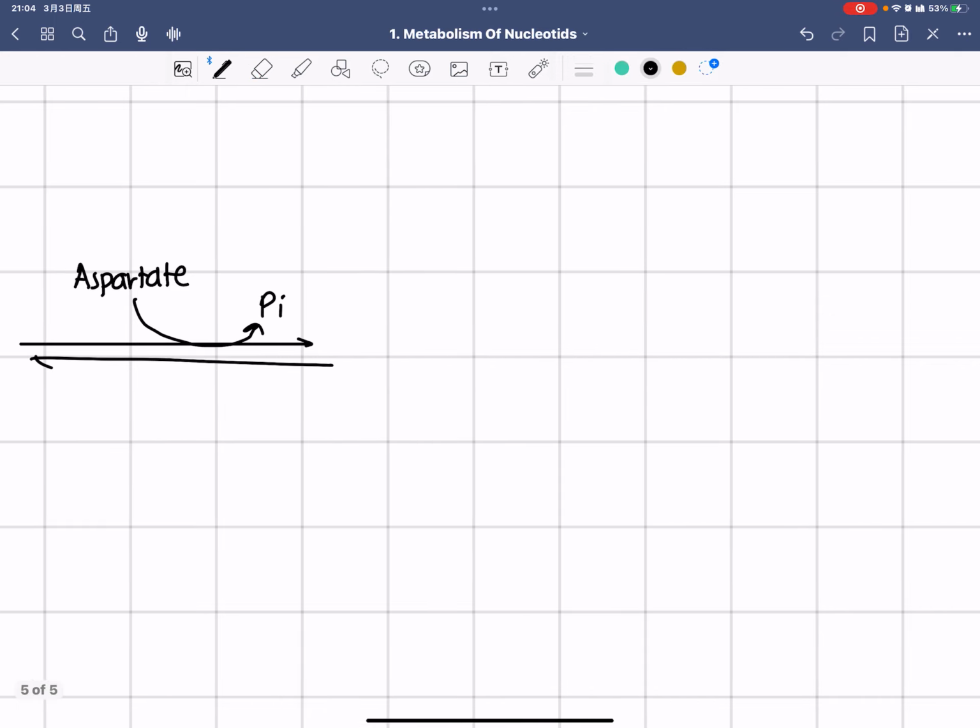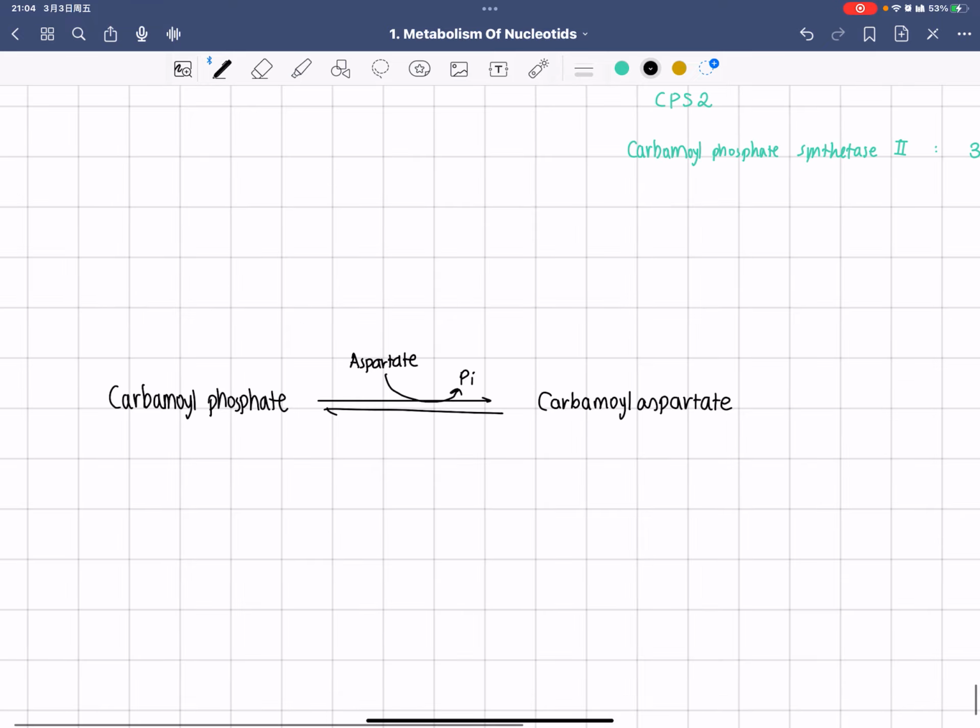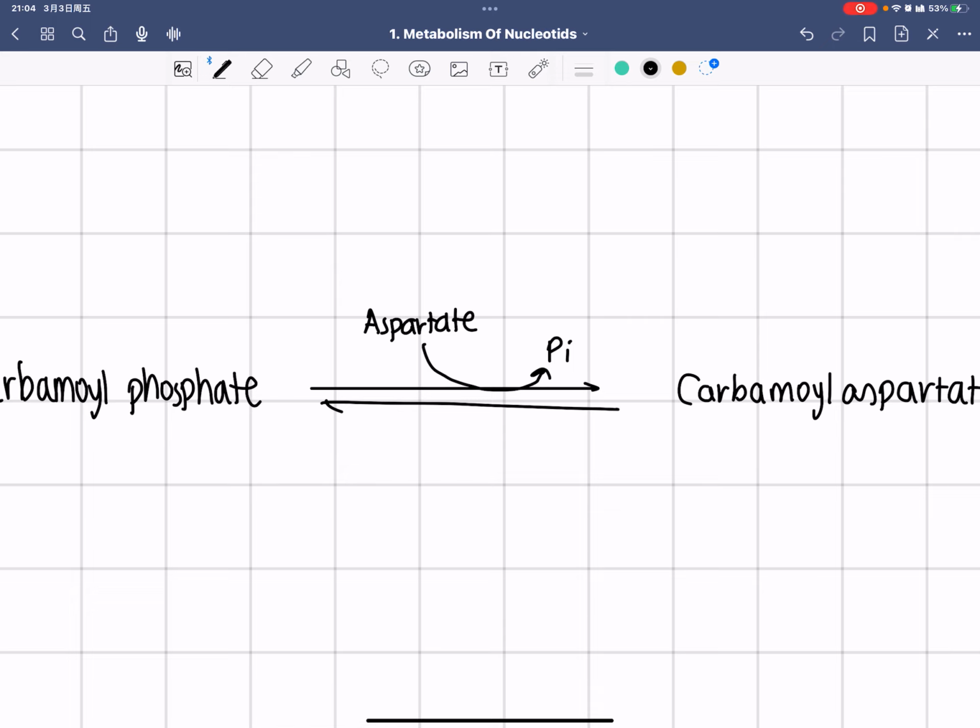I mean, you add an aspartate, of course it's called carbamoyl aspartate. Sorry guys. And because you're adding, you transfer an aspartate to replace the phosphate group, then the enzyme is called aspartate carbamoyl transferase.